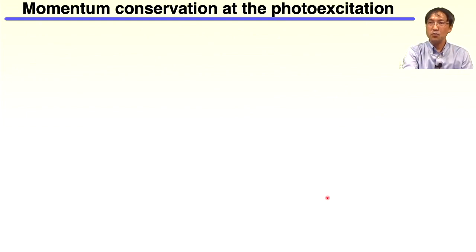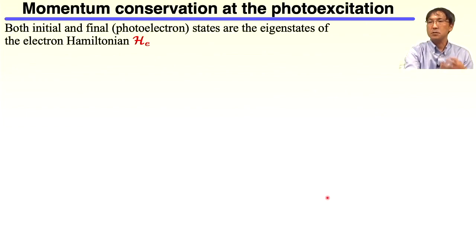Here I show that the momentum is surely conserved at the photoexcitation process. At first, we should remember that both the initial and final states are eigenstates of the electron Hamiltonian.